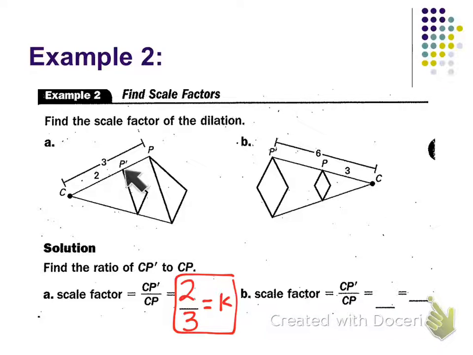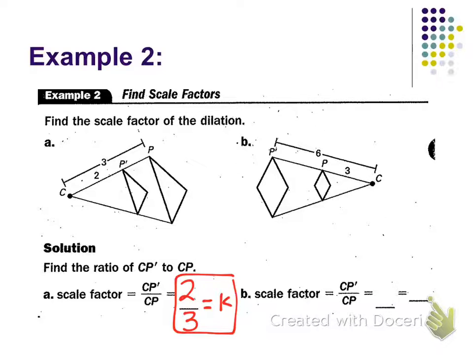The P prime image is smaller. So it got reduced. It was made smaller. Notice that your scale factor is a number that is smaller than 1. Anytime you have a reduction, your scale factor will be a fraction smaller than 1. It's a nice thing to know.